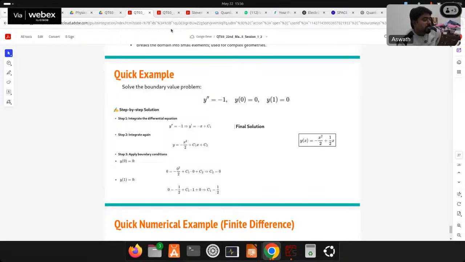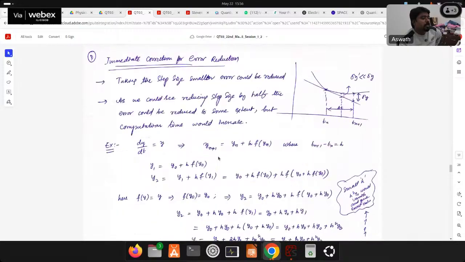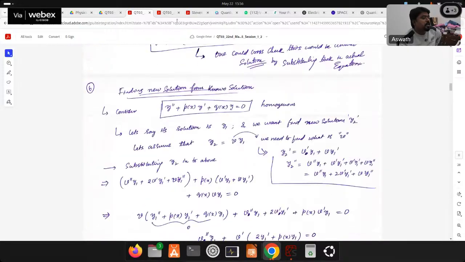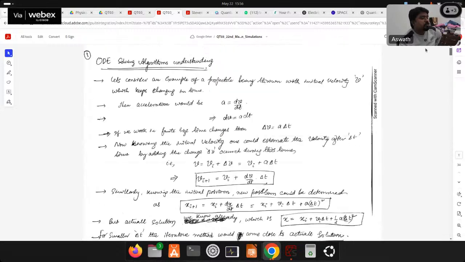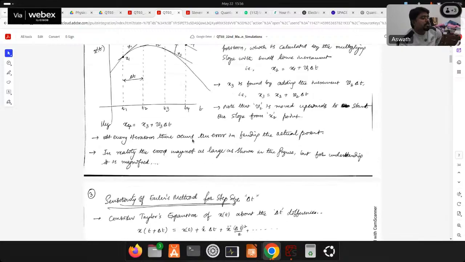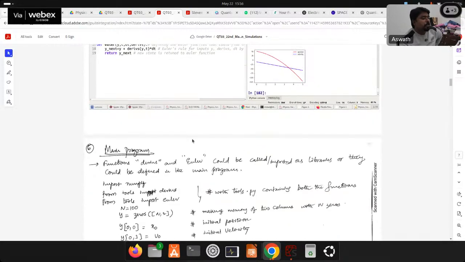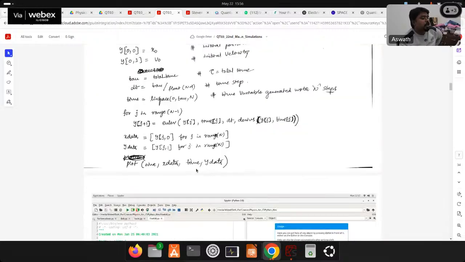I will be sharing all three. Yesterday's lecture notes I've already added, and today's lecture notes, which have this one: numerical integration as well as some differential equation integration techniques. Specifically for numerical integration I've added a separate set of lecture notes, which will also be shared, showing explicitly what the Python code should look like.